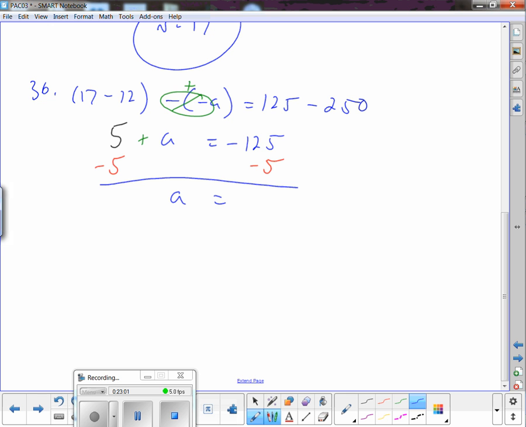And the answer is A equals negative 130. 125 negatives and 5 more negatives is 130 negatives. Got it?